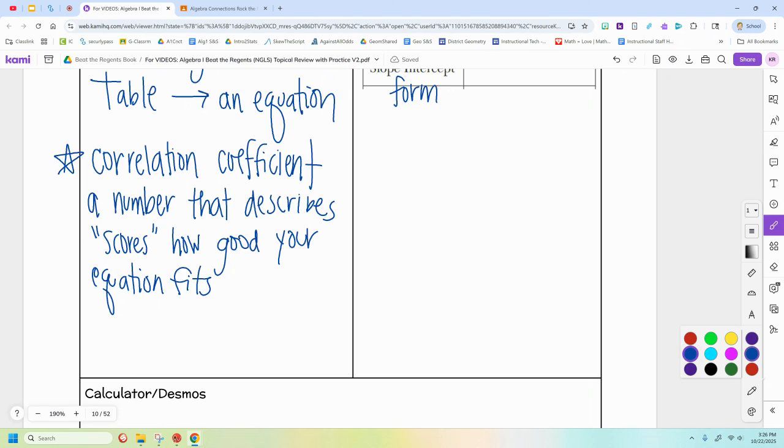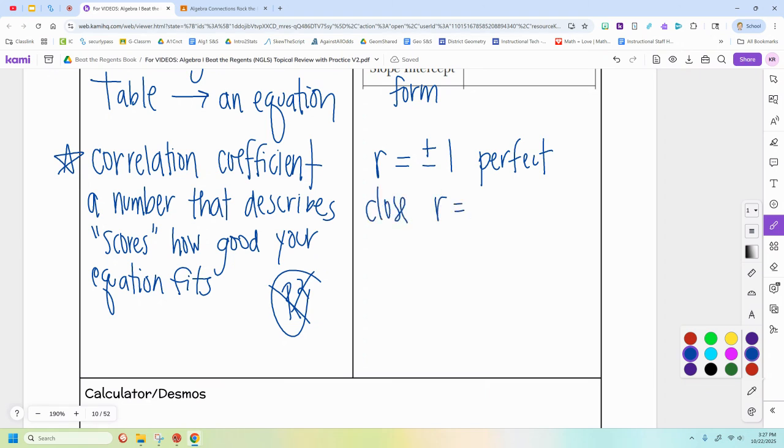We have to remember that it's not r squared. R squared is a no-no. An r that's equal to positive or negative 1 is perfect, and that means our dots are on the line. That's not going to happen. But if we are really close, like r equal to plus or minus 0.9, that is strong.